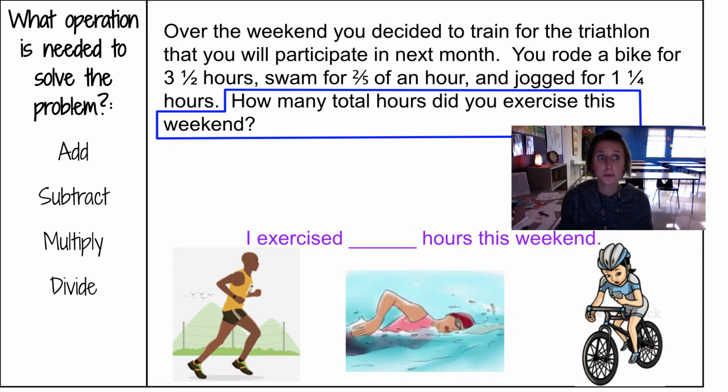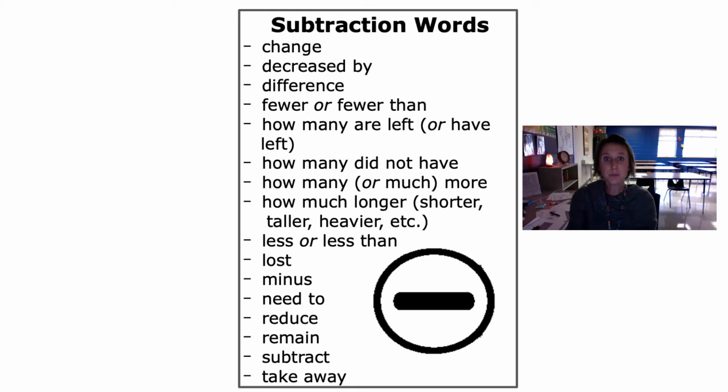Is there a keyword or phrase that tells me whether to add, subtract, multiply, or divide those hours? How many total? That tells me I'm going to be adding those 3 rational numbers above. So what operation is needed to solve this problem? Add.